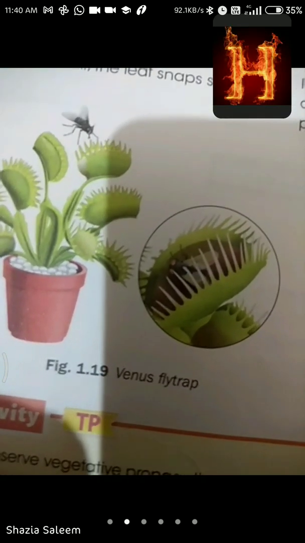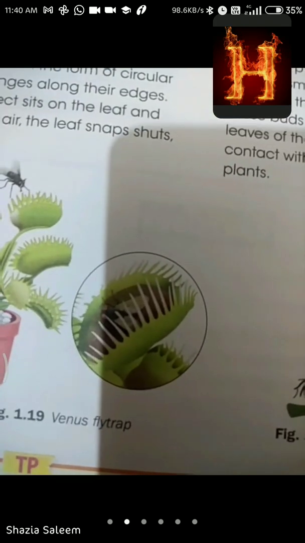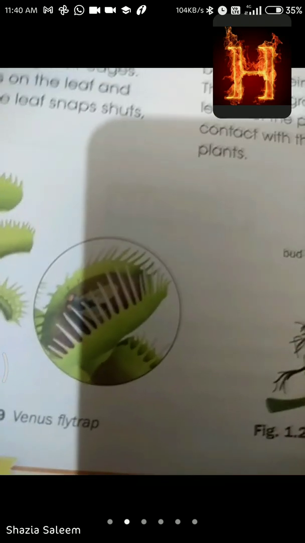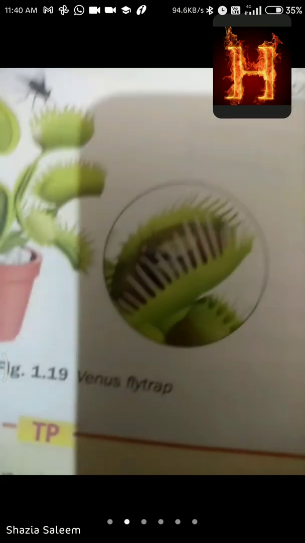Another example of an insectivorous plant is the Venus flytrap. Here the leaf is modified into a leaf-like structure only, but it has a hinge in between so that it can close, and it has hair on the margin of the leaf, like I'm showing you here. What happens when insects come and sit on it?